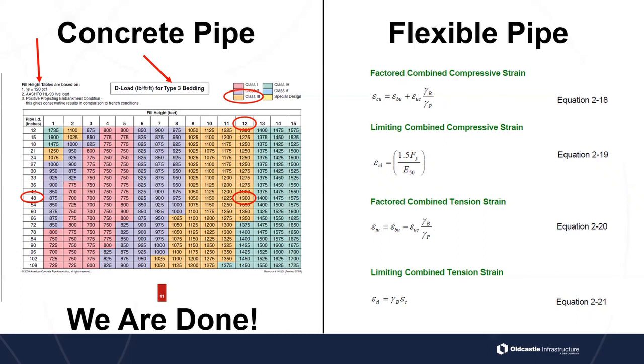I know we went through those fast and didn't work through all of them, but you as the design engineer must go through each of these calculations to ensure that everything you're calling out and the way you're designing this is accurate, because we can't just use those fill height charts for flexible pipe like we can with concrete pipe. We have to calculate to ensure that we're doing it correctly, or else we're taking on all the liability ourselves, as it points out in all those disclaimer notes.